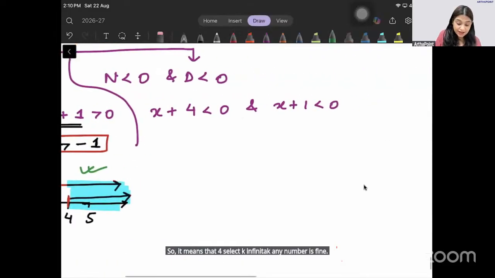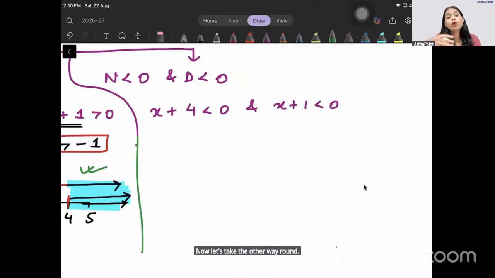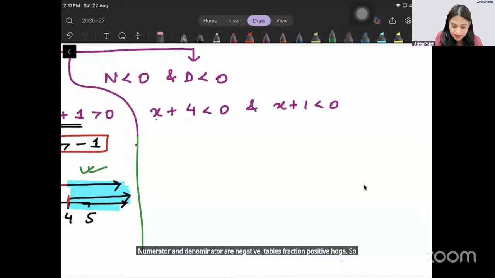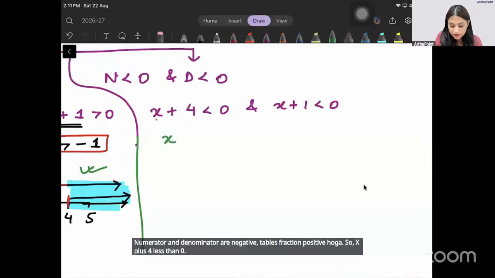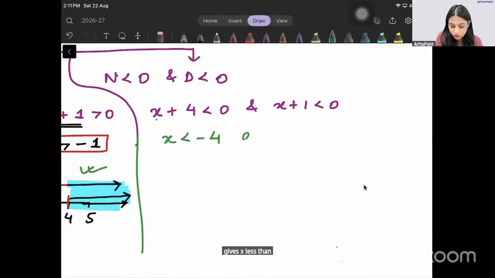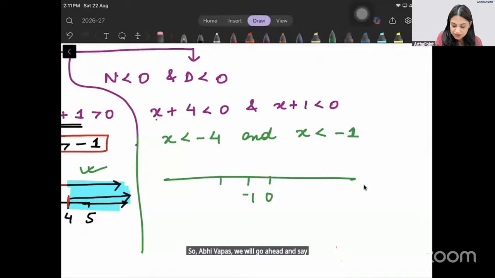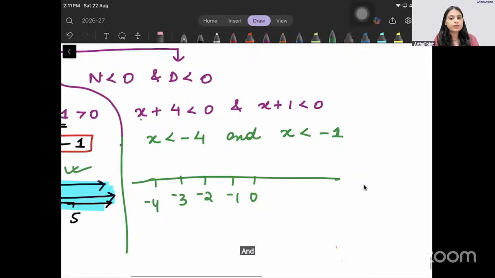Now let's take the other way round, that both are negative, numerator and denominator are negative, then also the fraction will be positive. So x minus 4 less than 0 gives x less than 4 and x plus 1 less than 0 gives x less than minus 1. So now again we will go ahead and say 0, minus 1, minus 2, minus 3, minus 4 and so on and so forth.